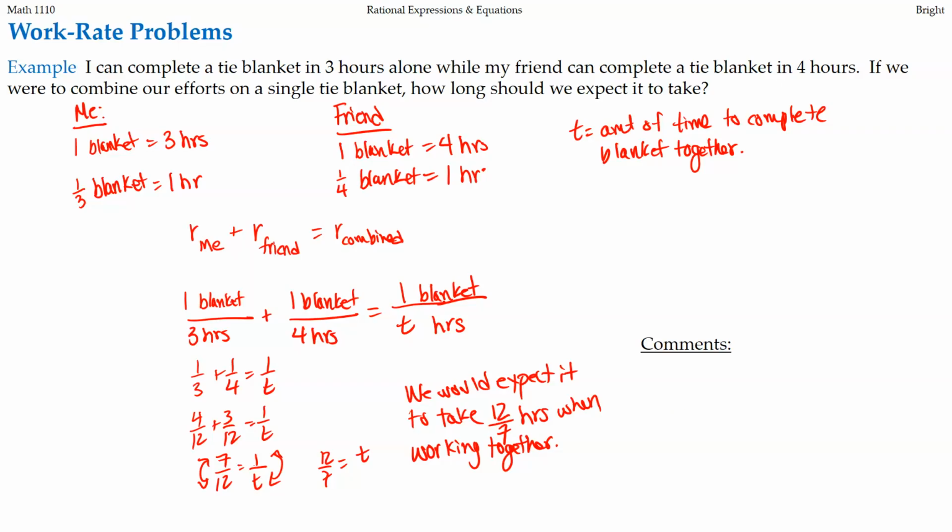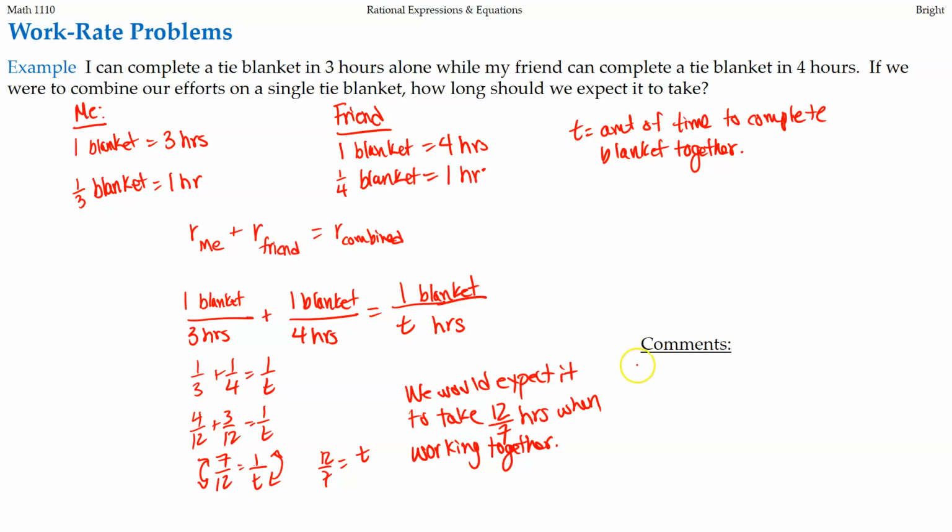Okay, and now with this, there are a few comments that I have. First comment is, if you noticed here, really the rate of work is the reciprocal of time needed.